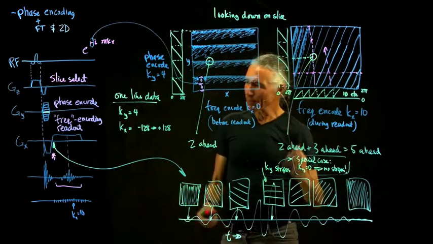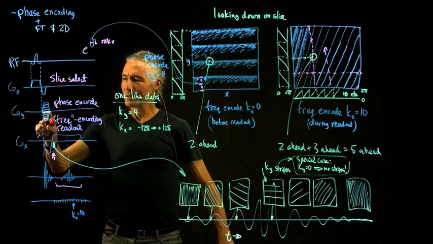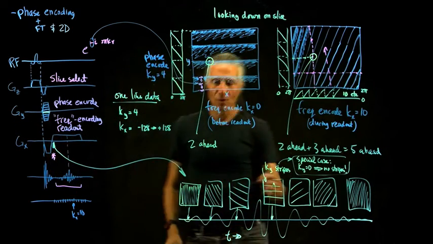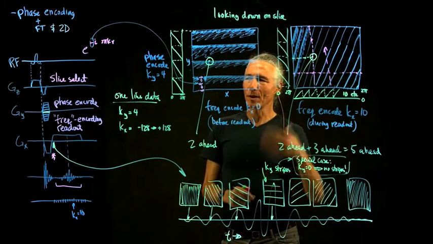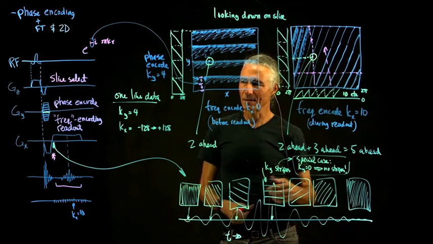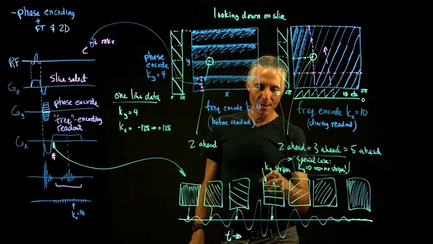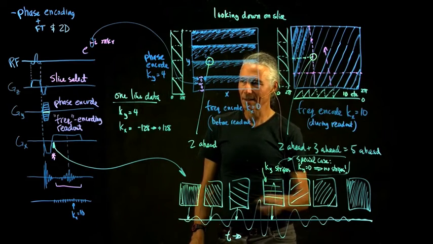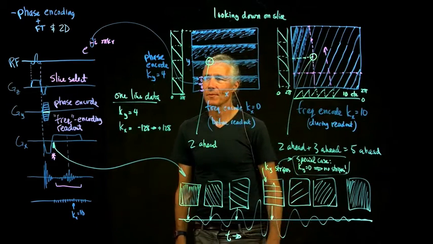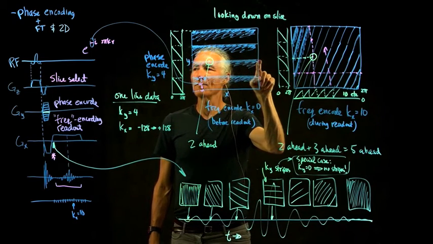And then in the special case, when phase encode happened to be 0, we would have no stripes, and that would be the center of k-space. So no stripes in the y direction, no stripes in the x direction. Because this state of ky number of stripes, 4 stripes, turns out to be 0 stripes in the x direction. You go in the x direction, you don't get any change in phase.